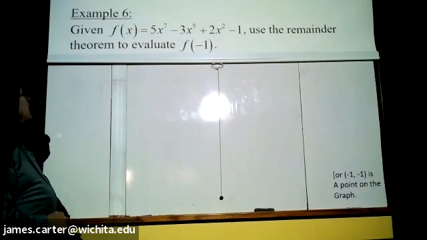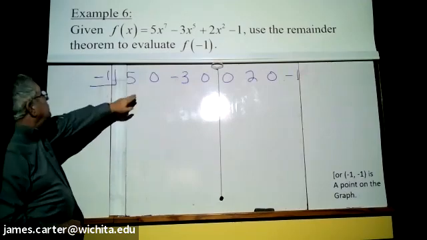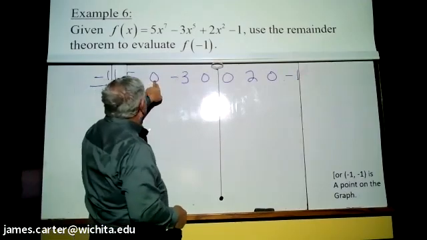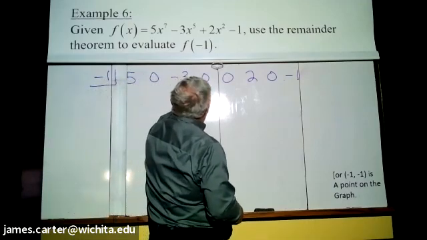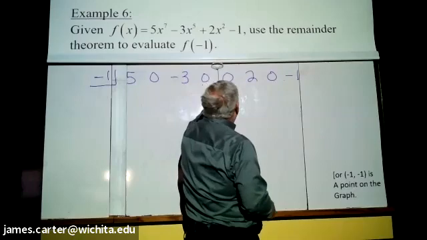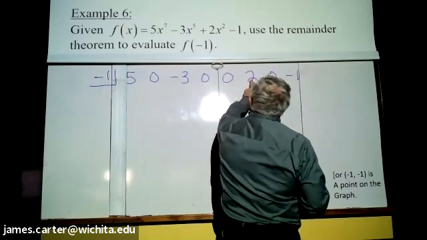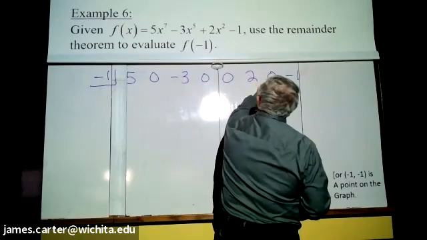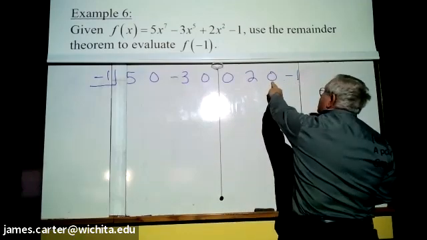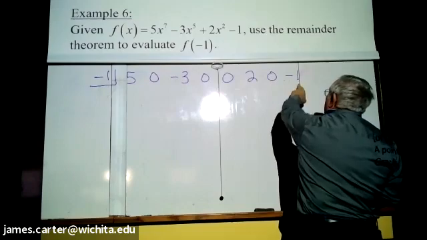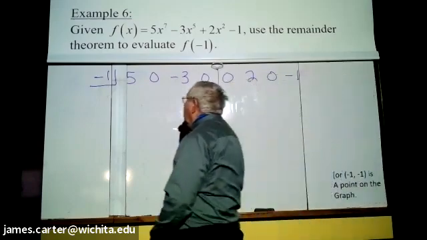Okay, here's an example. We've got some missing terms, don't we? We have to put in the missing terms. We have to put in the x to the 6th, the x to the 4th, x to the 3rd, and x to the 1st. And here's our constant.